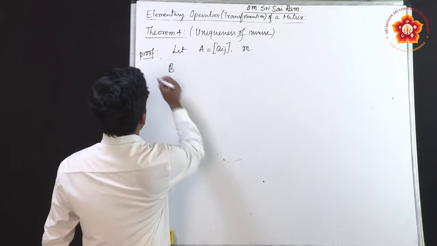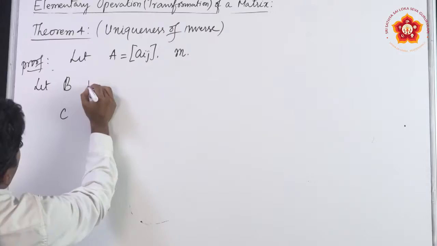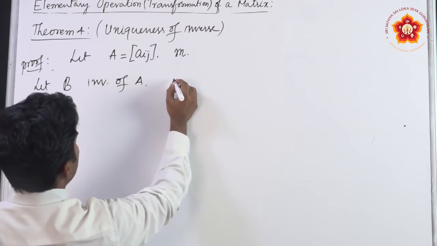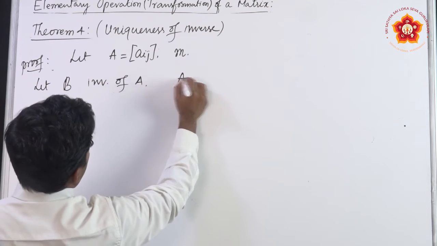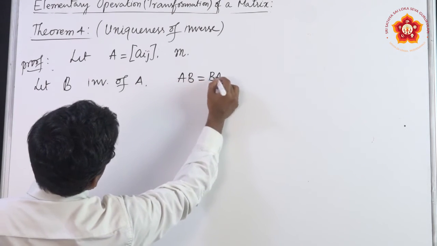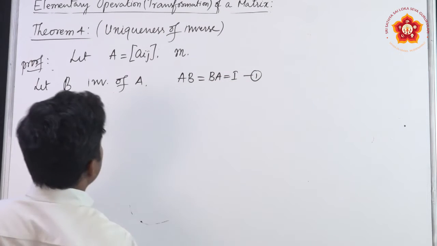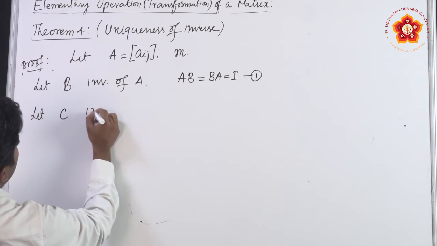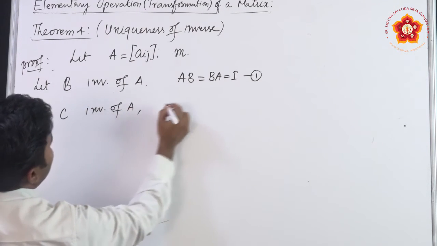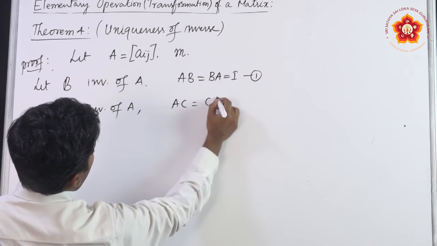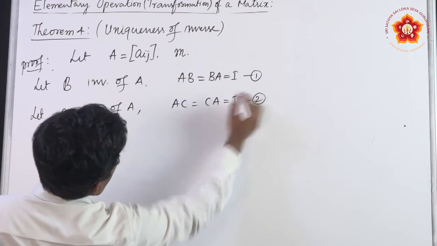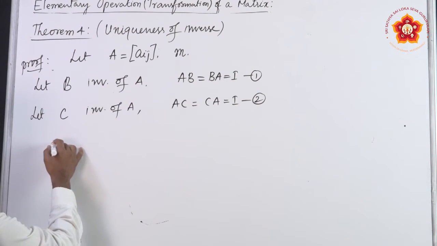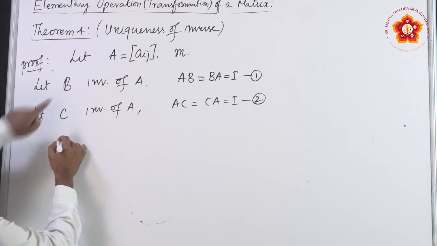Say B is the inverse of A. If it is the inverse of A, then by the definition of the invertible matrix, we can write AB is equal to BA is equal to I. Similarly, C is also an inverse matrix of A, then we can write AC is equal to CA is equal to I. This is 2. Now, for any square matrix we can write, for example for B, I will take here.